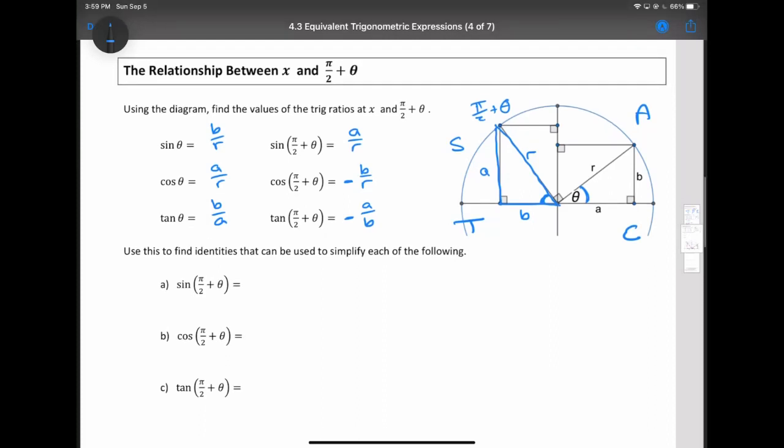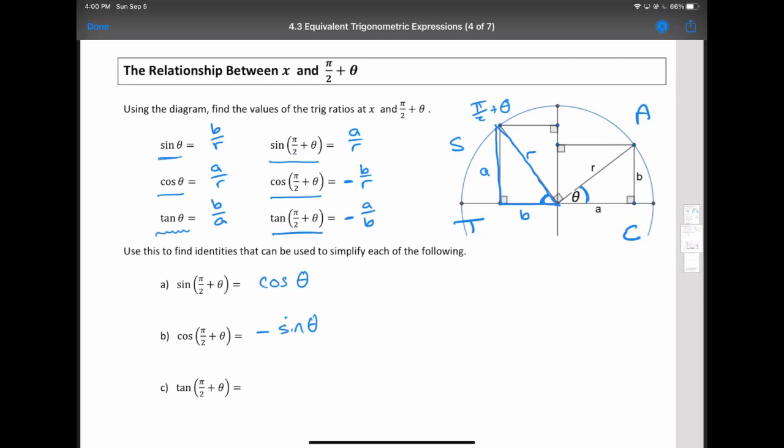Okay, from that, we can conclude that sine of pi over 2 plus theta, A over R, must equal cos theta. Secondly, we can conclude that cos of pi over 2 plus theta, negative B over R, is going to be negative sine theta, since sine theta is B over R. And tan of pi over 2 plus theta is negative A over B. I'm not underlining that because I'm not trying to show that they're exactly equal, they're the inverses of each other.